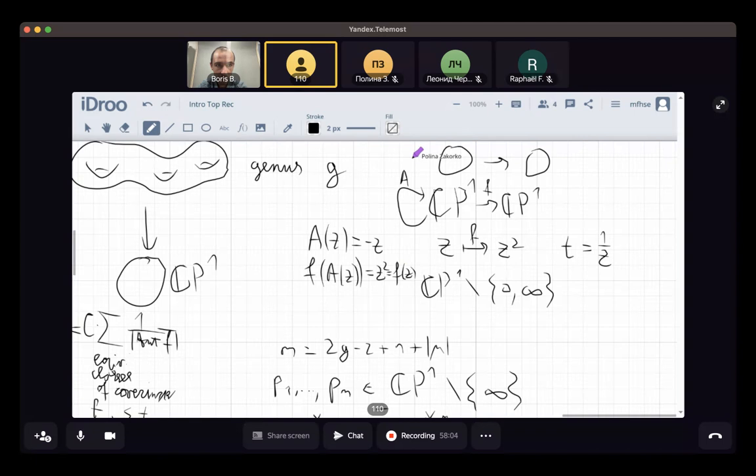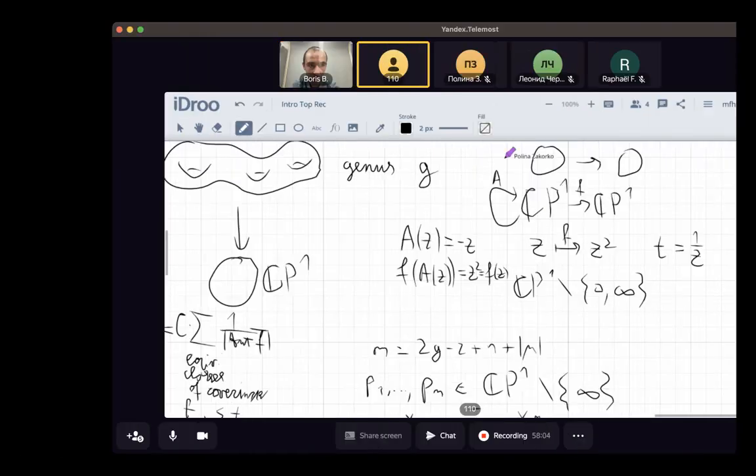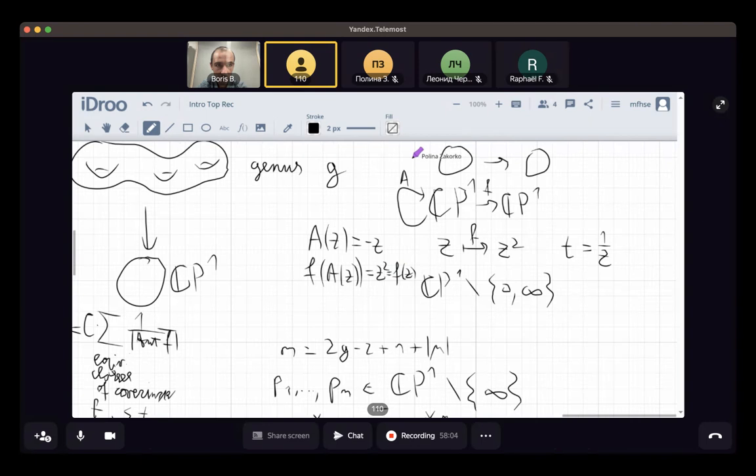Is it clear? This requirement precisely says, let's study this in general.